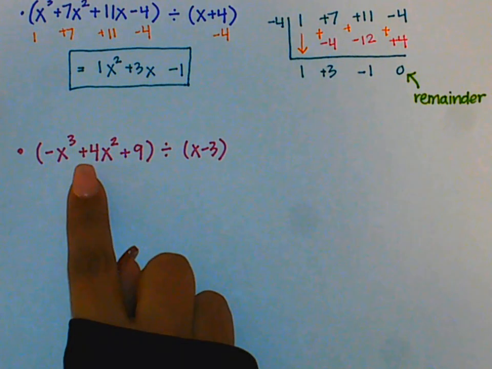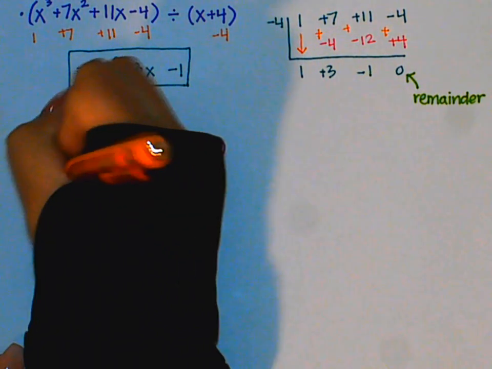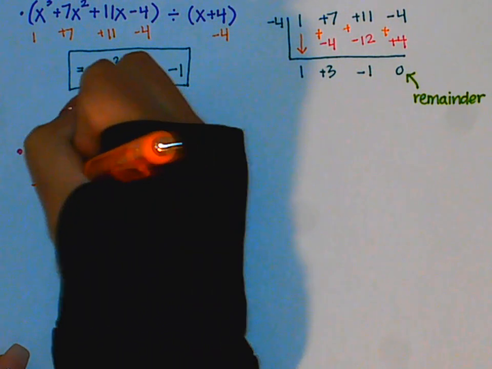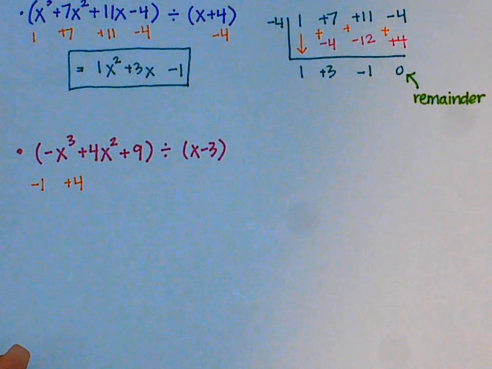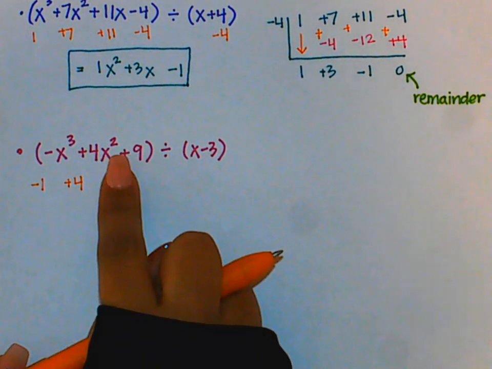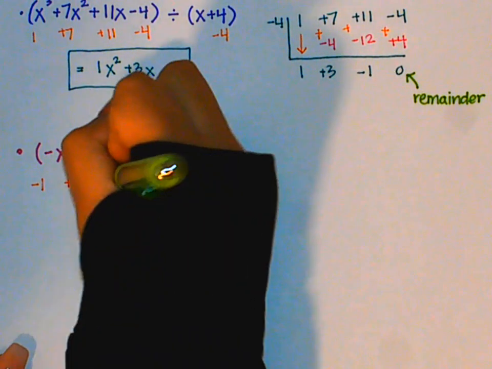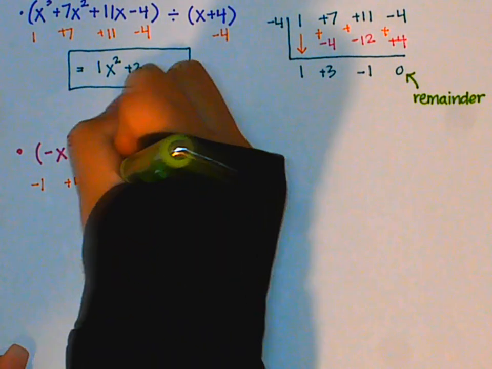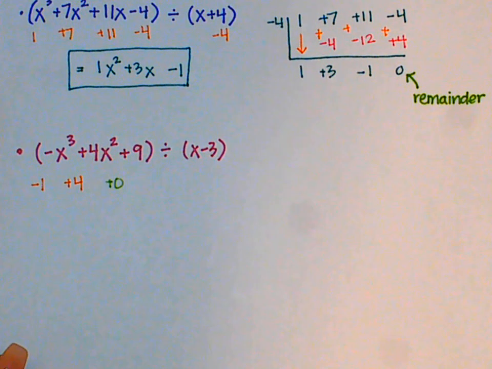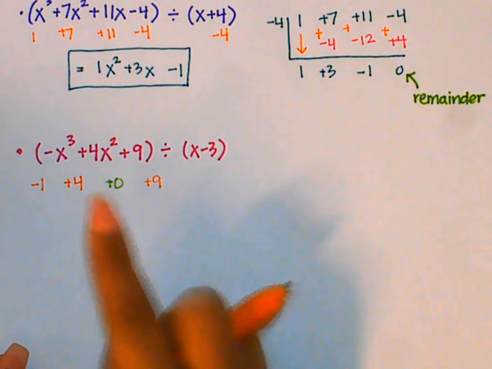The first thing I want to do again is write out my coefficients. So I have a -1. I have a +4. But wait, I have a 3, a 2. I am missing the 1 before I get to the 0. So I am going to add that. Just like we did with long division, you need a placeholder.